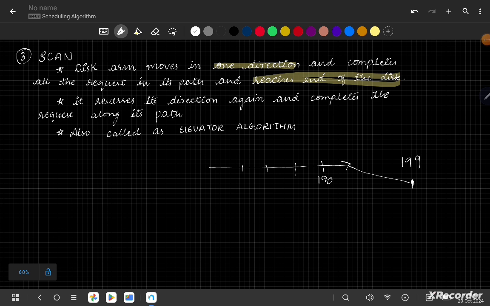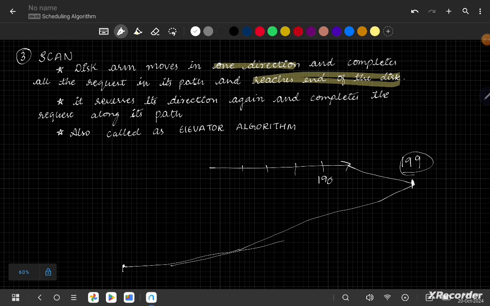First point is it goes only in one direction. It completes all the requests in its path, and it also reaches the end of the disk. It reverses its direction again and completes the requests along its path. So once it reaches the final track, it will reverse from this place and come back like this, and if there is any other request, it will check and complete the entire set of requests present in the order of request.